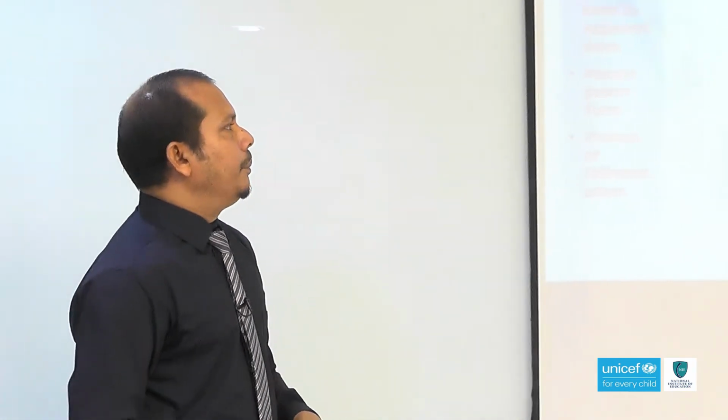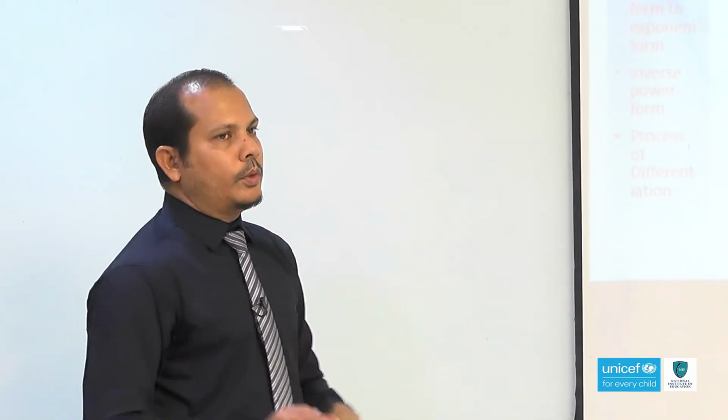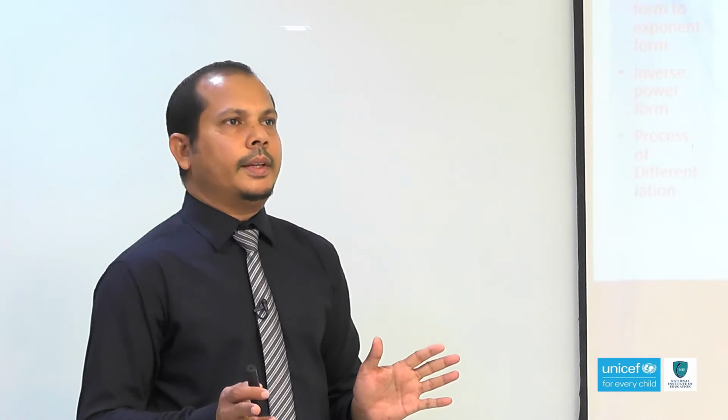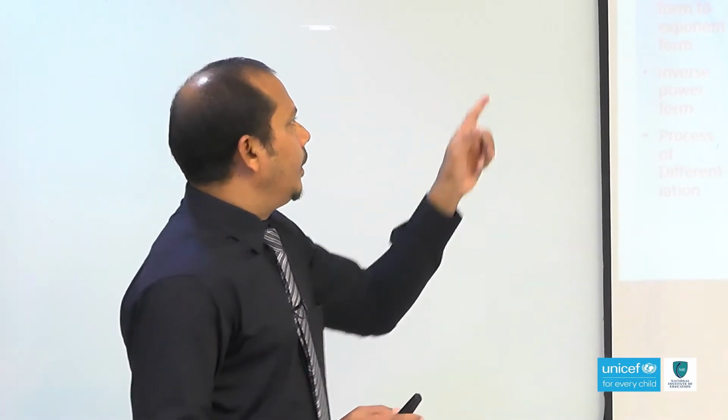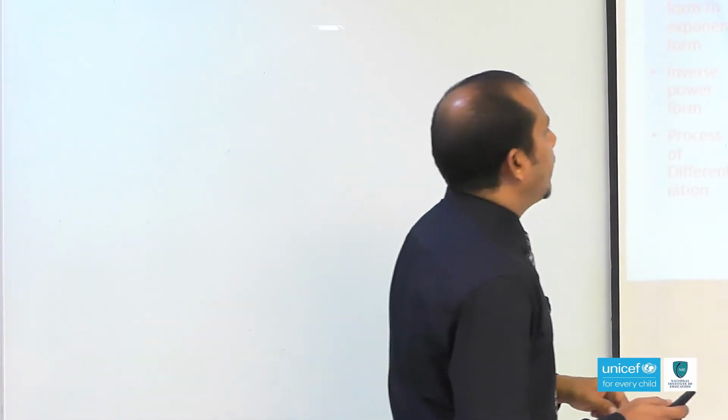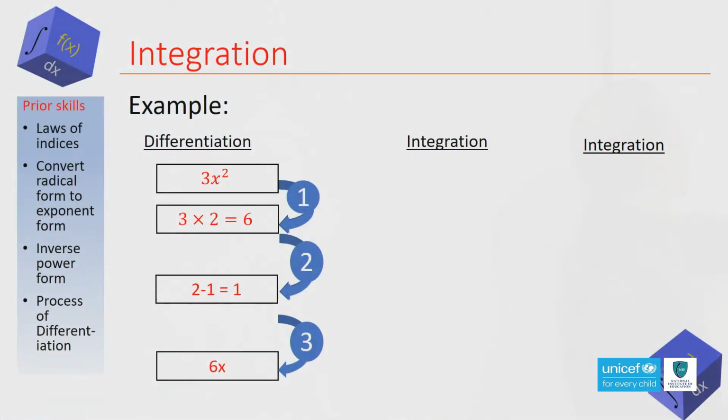Let us take some examples. Here I take 3x squared. I know we have taken this example throughout. So, if you take 3x squared to differentiate, first thing is that you multiply the coefficient by the power. 3 times 2 gives you 6, and then you reduce the power by 1, that is 2 minus 1 gives you 1, and your final product will be 6x, and that 6x is called a derivative or a gradient function.